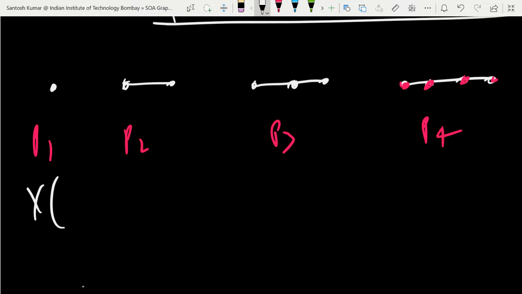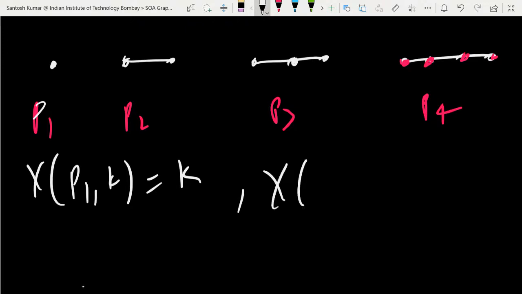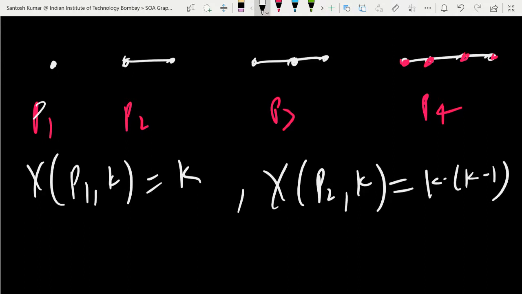So actually the total number of proper colorings of P1 using k is k only. For P2, it is a tree with two vertices, so it's k into k minus 1.